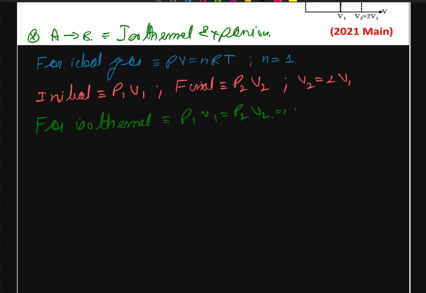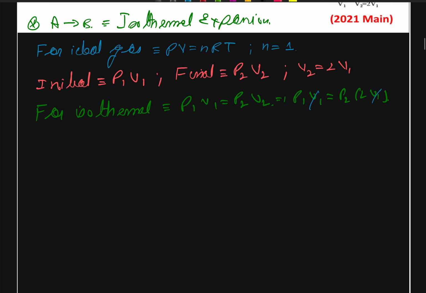Therefore we get P1 V1 is equal to P2 times twice of V1, and here V1 cancels out, so we get that P2 is equal to P1 upon 2. So we got the relationship between our pressures.